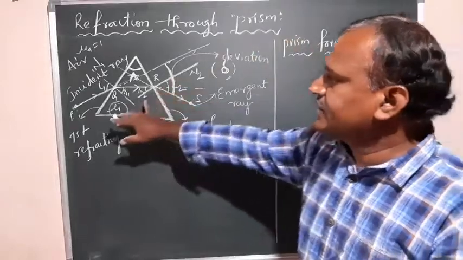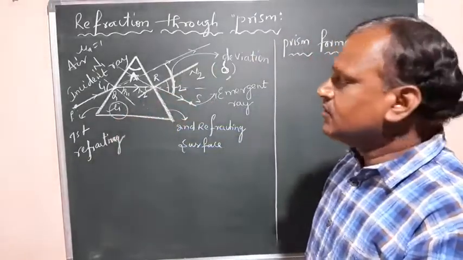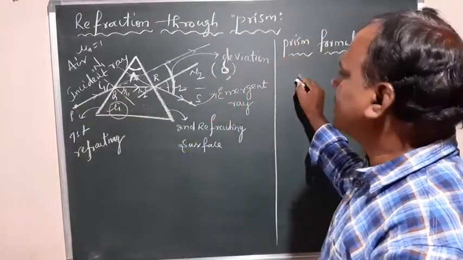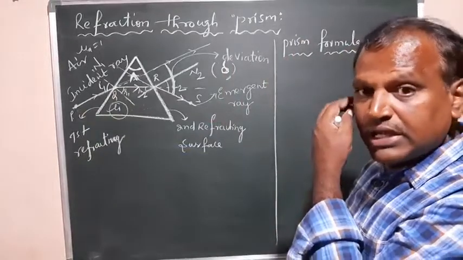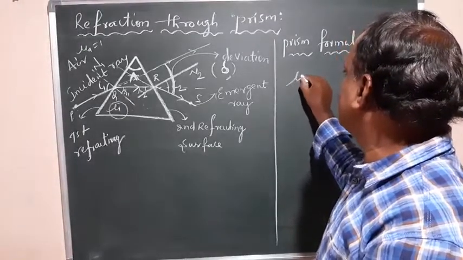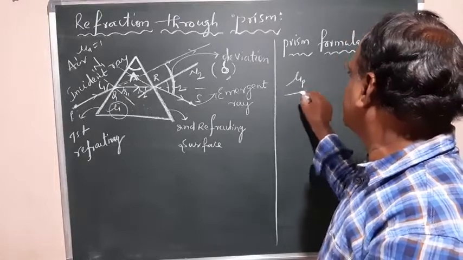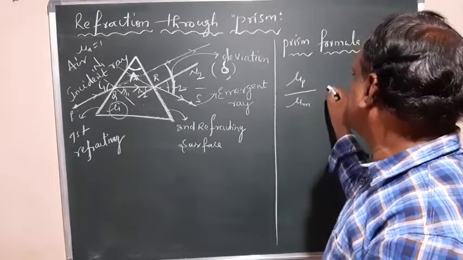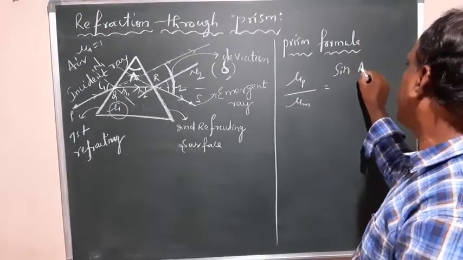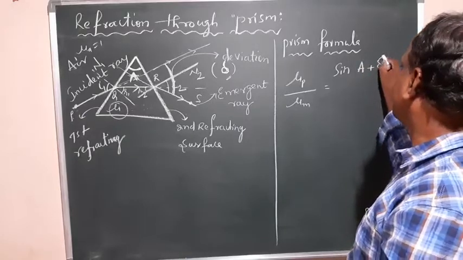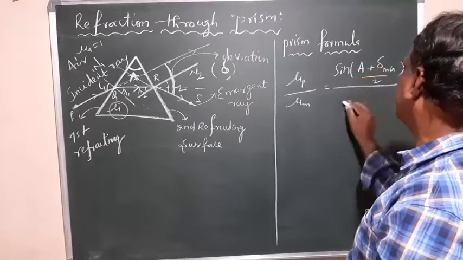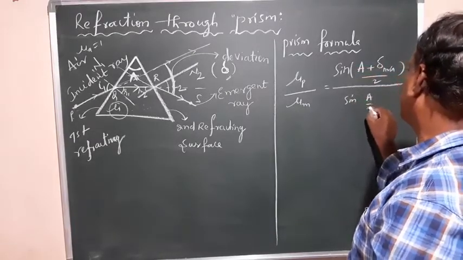The refractive index of the material of the prism with respect to the medium is given by the ratio of the refractive index of the prism to the refractive index of the medium, which is equal to sine of (A plus minimum deviation) upon 2, upon sine of A by 2.